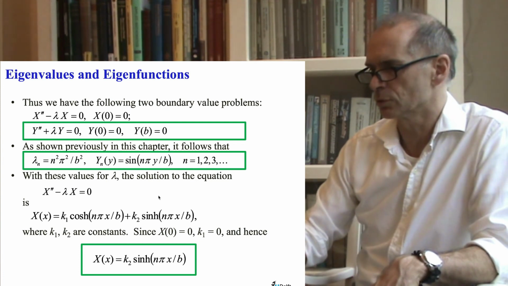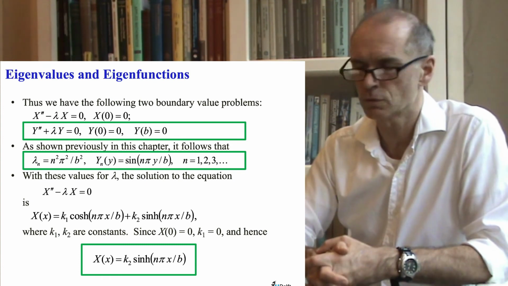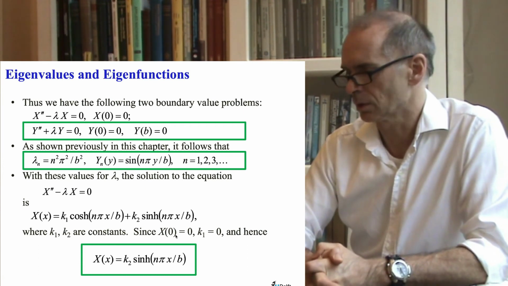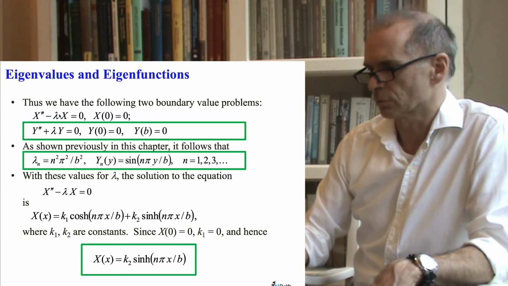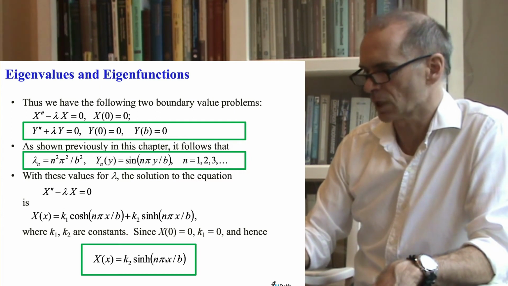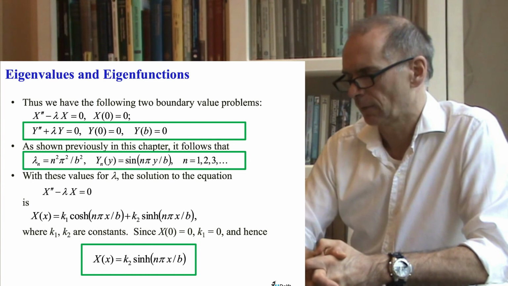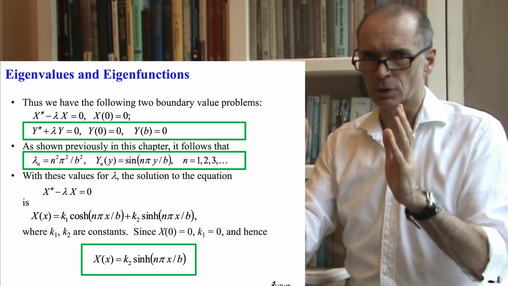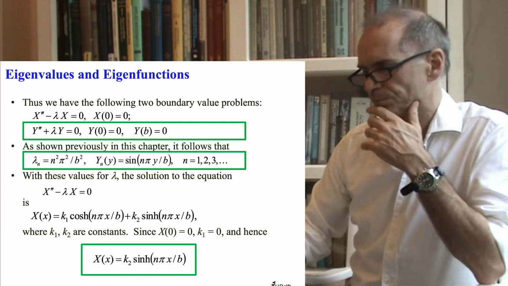You should write the general solution of this equation for x of x as the weighted sum of increasing and decreasing exponential functions, and then by the same argument, applying the boundary condition that x should be 0 there, you will also find that the general solution of this equation satisfying that boundary condition is exactly this: the odd part, so the difference of two exponential functions with the same weight coefficients, should be the solution then.